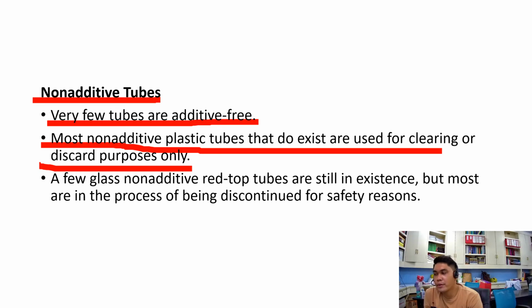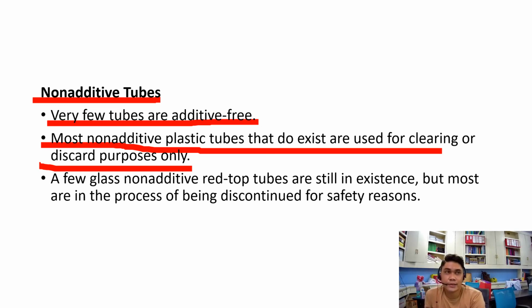For example, the glass red stopper tube is a discard tube, with no additive and no clot activator, but plastic tubes usually have additive. Nowadays, though, some companies manufacture non-additive plastic tubes, and the reason is safety.